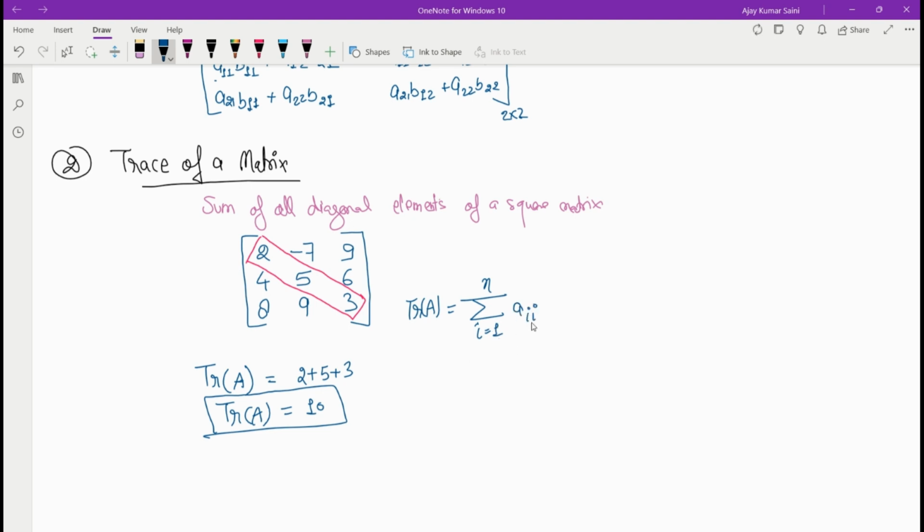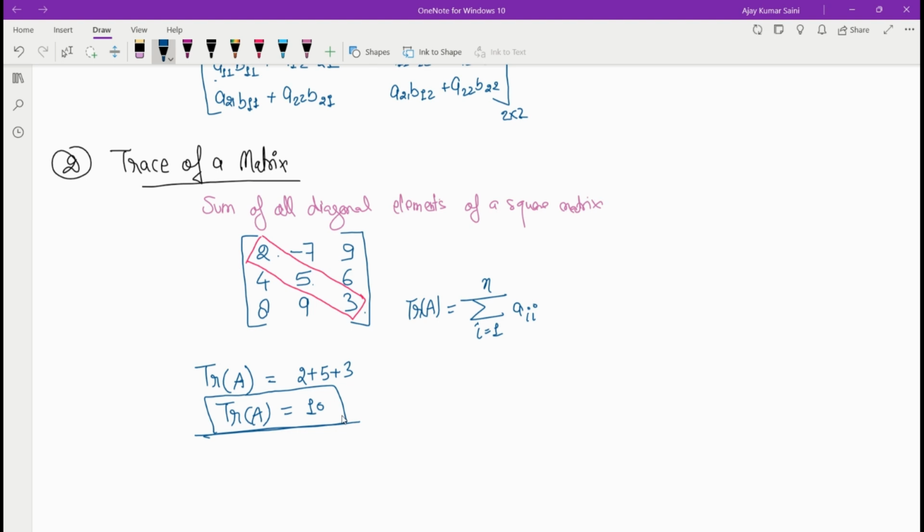If I put i equal to 1 here, it is A11. After that I put 2, so it is A22. And i equal to 3 is A33. So simple. So it is the trace of a matrix.